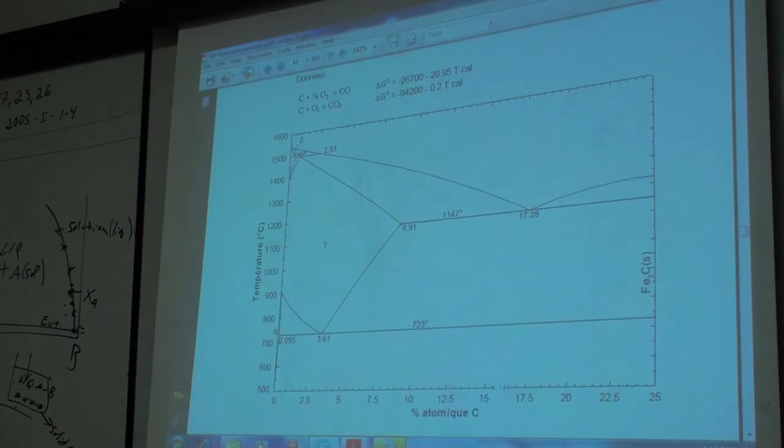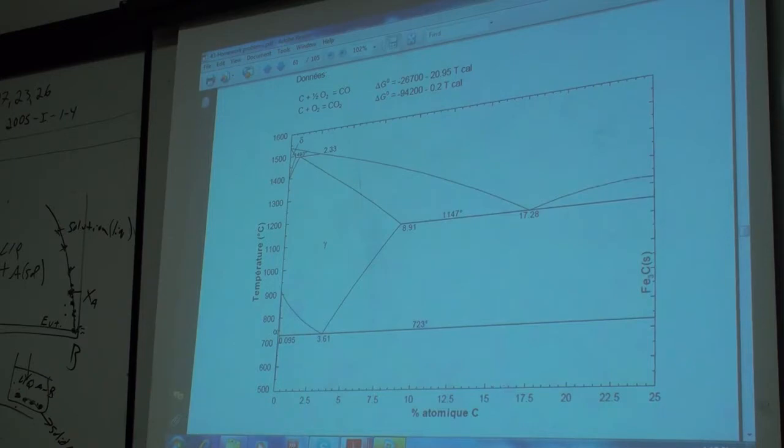So you go to the diagram at 1100 degrees and you're in a two-phase region, so the mole fraction of carbon in the gamma phase is given by the phase boundary, which I read off this diagram as 8.2%. This is the gamma phase composition saturated with cementite.